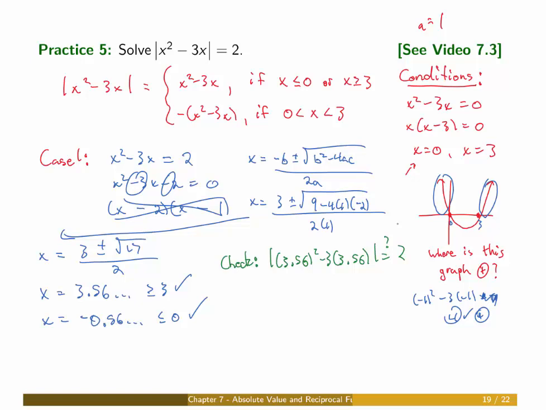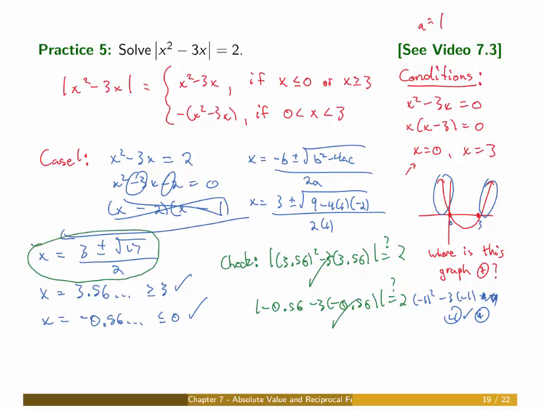When you plug this in your calculator, it's going to come out to be a solution. Yes, so that works. And then the next one you have to check also comes out to be a solution. So these are your solutions right here.